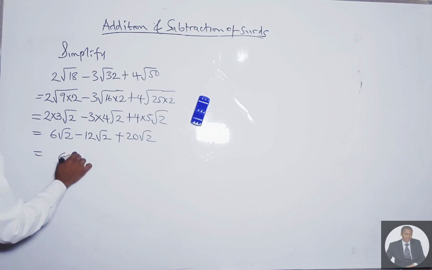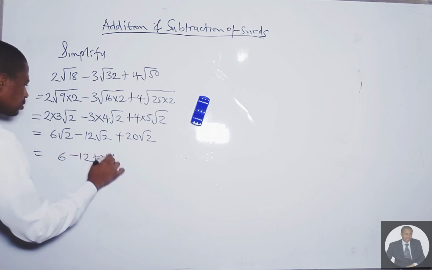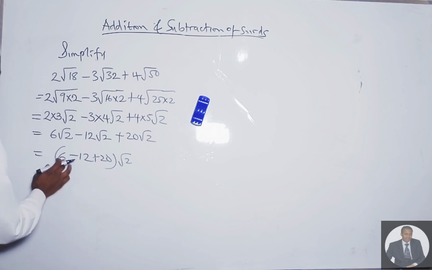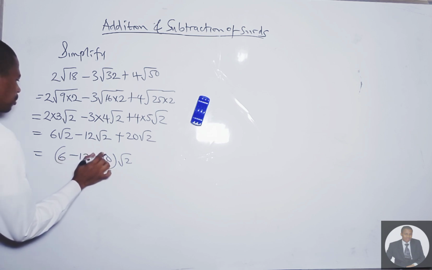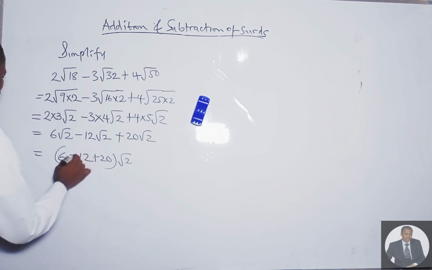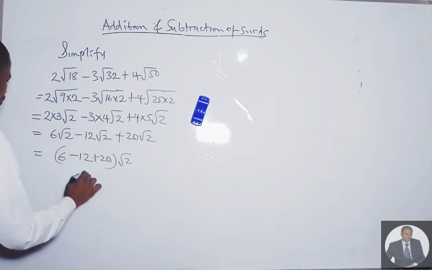So we have 6 minus 12 plus 20 root 2. 6 plus 20 is 26. 26 minus 12 will give us 14 root 2.